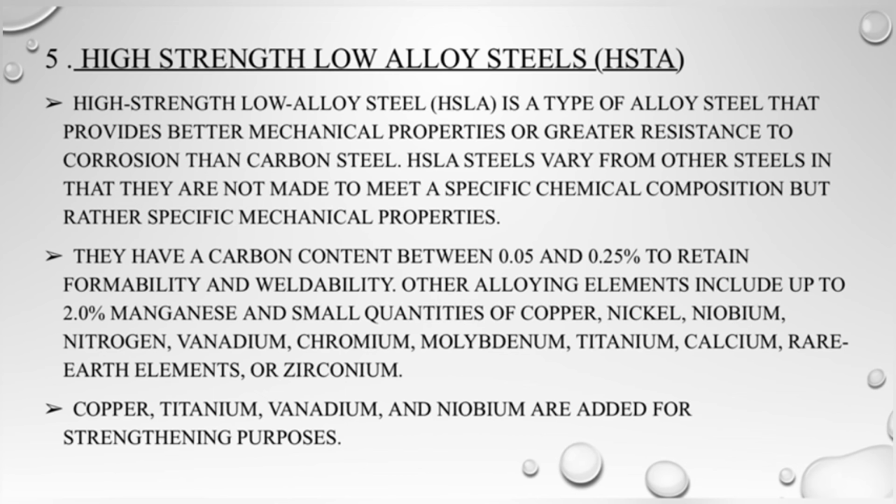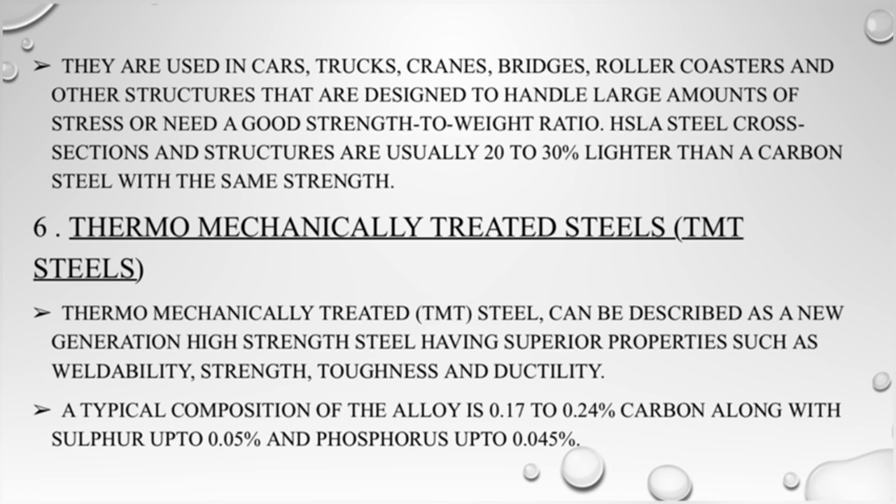Copper, titanium, vanadium, and niobium are added for strengthening purposes. And this HSLA steel is used in cars, cranes, bridges, etc. because of their lightness when compared to carbon steel, and also they can handle large amounts of stress, and their strength to weight ratio is really high.